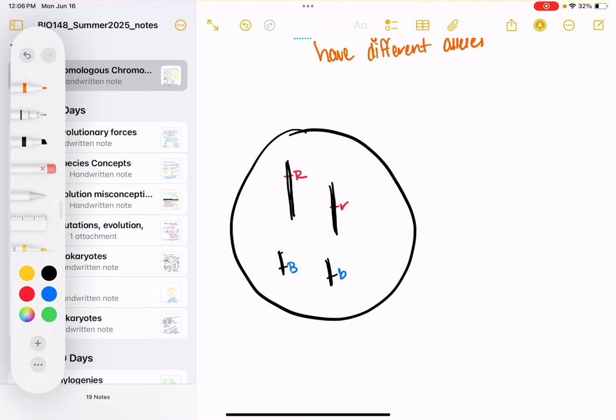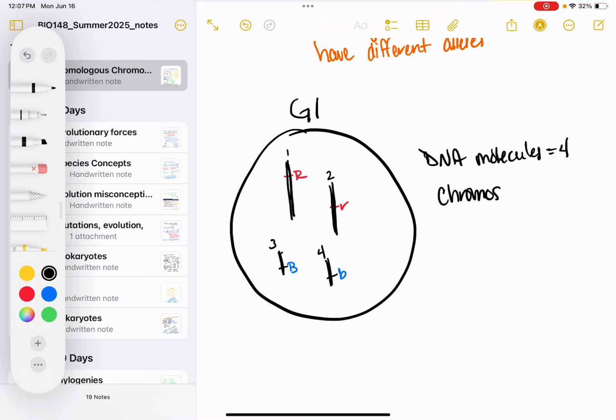Okay, so here, right, this is in G1 phase. So in G1, right, I have 1, 2, 3, 4, okay, DNA molecules. And I also have 4 chromosomes, okay? There's 4 unreplicated.